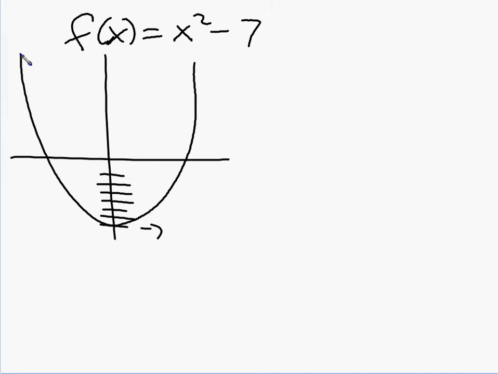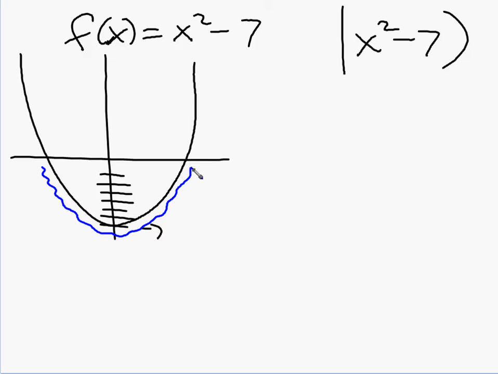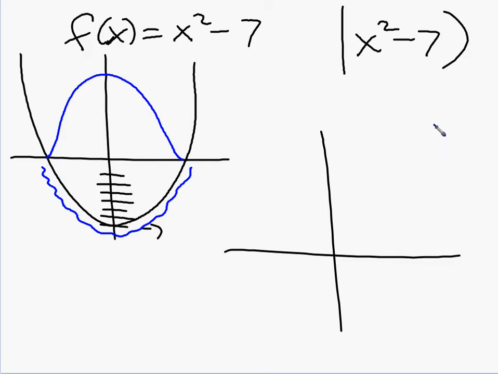If I were to do the absolute value of x squared minus 7, then this part down here would get reflected up, and it would look like this. So it would look kind of funny. I mean, it would have this big hump in the middle. Your final graph would look something like this. It would come down, have a big hump, be like that. Because the part that was negative got reflected.